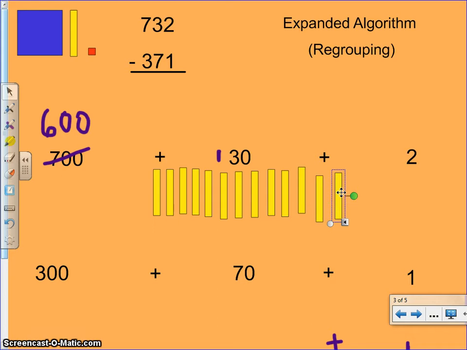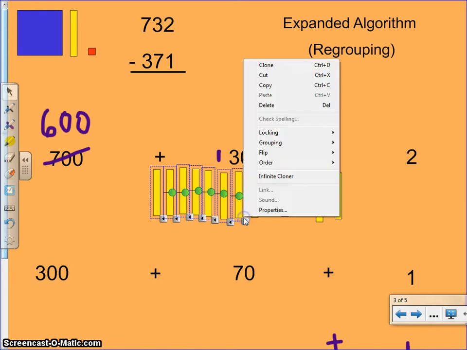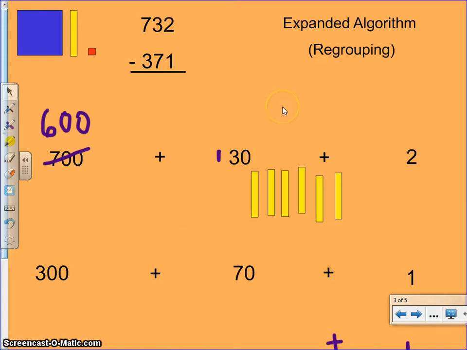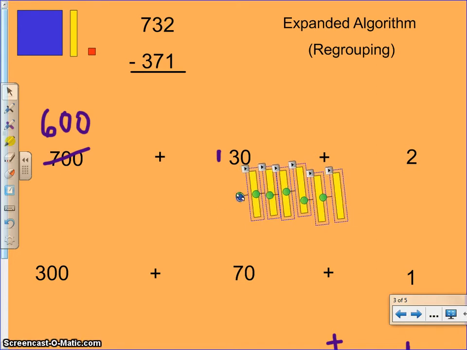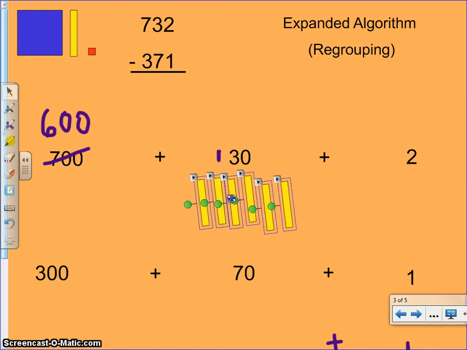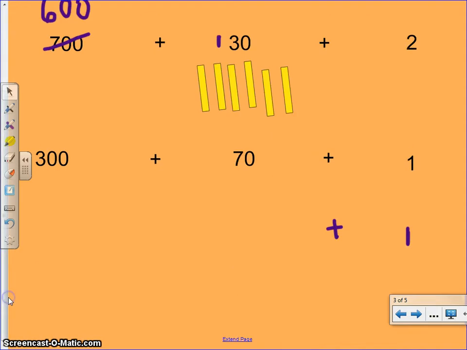Now I have enough tens to take my 70 away from it. And 70 is 7 tens. So let's go ahead and take 7 tens away. I go ahead and I can delete those, take them away, and I'm left with 6 tens. And I can go ahead and put that into my answer.